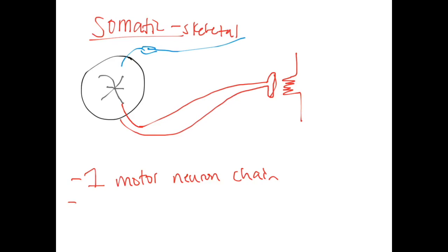In the somatic nervous system, these axons are going to be thicker and more myelinated, which means that they'll have faster rates of transmission. We're always going to use acetylcholine.